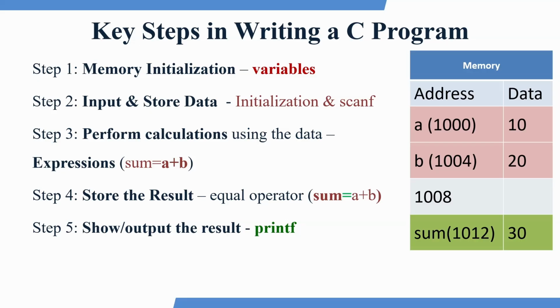The next step: first we allocate the memory. Now we have an empty space in the memory, and in that empty space we need to fill in the data. How can we fill the data? Either you assign the value in the program itself, or you read the data from the user.